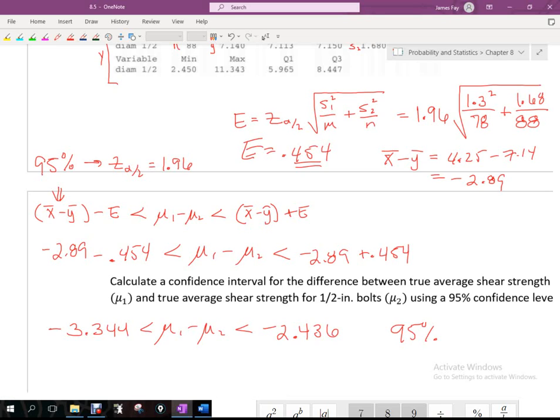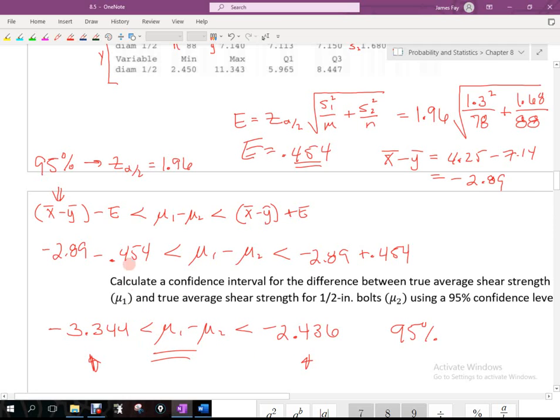Kind of weird, but would you guys agree that these two things here, no matter what mu sub 1 minus mu sub 2 is, it is always negative? Because of that being negative and that being negative, this value here has got to be negative.